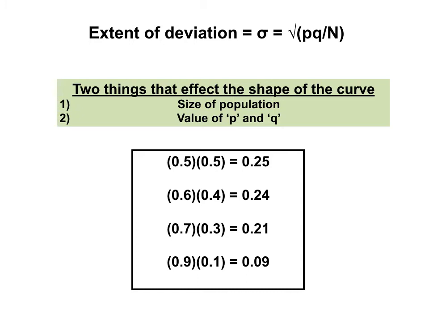A coin flip, you have a 50% probability of getting heads and a 50% probability of getting tails. That's that top one. 0.5 times 0.5 equals 0.25. If you were to flip the coin 3 times, your N value would be 3, right?